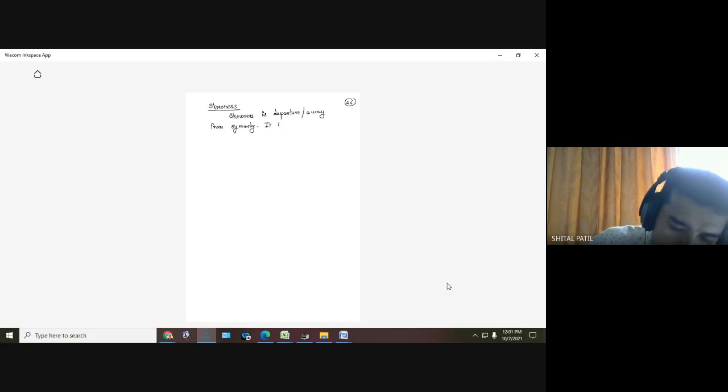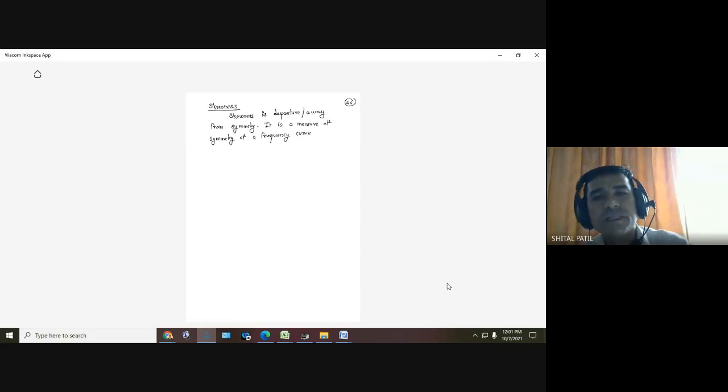It is a measure of symmetry, of whose symmetry? Of a frequency curve. क्या होता है ये frequency curve?